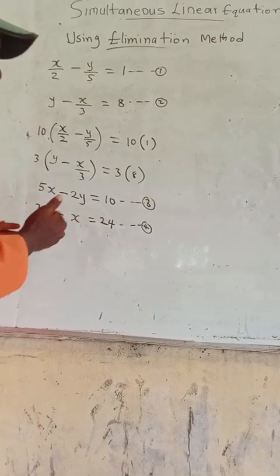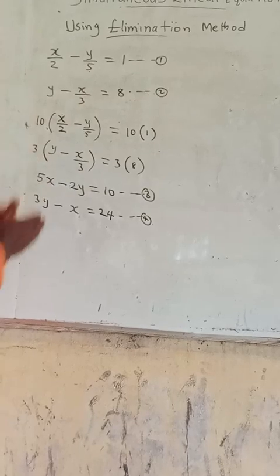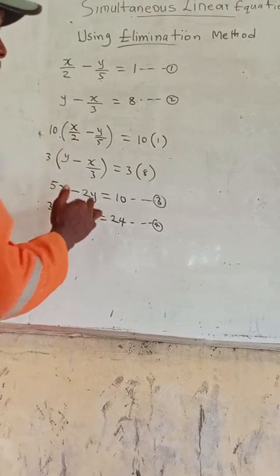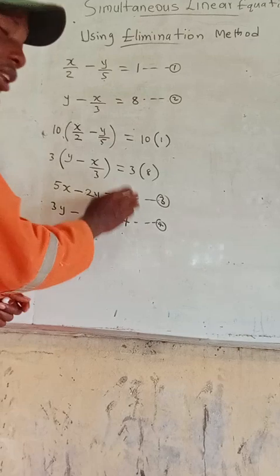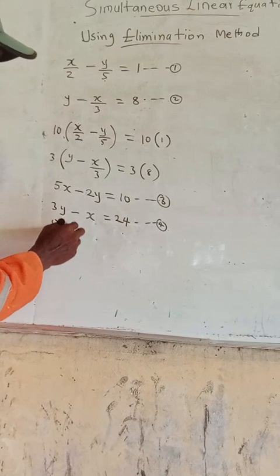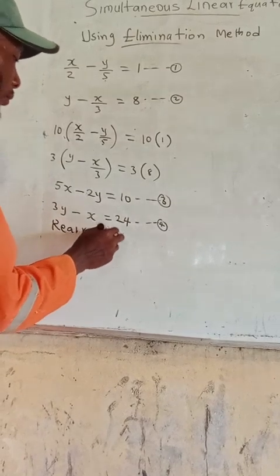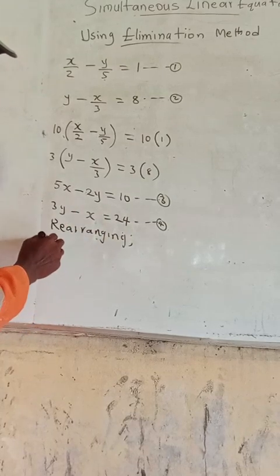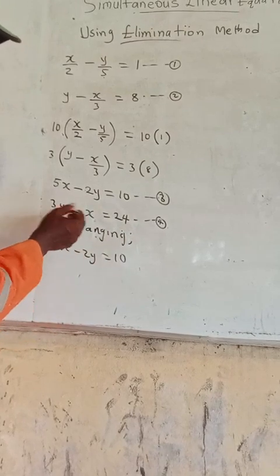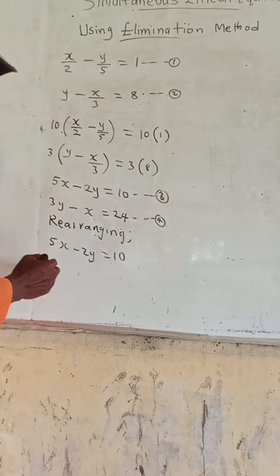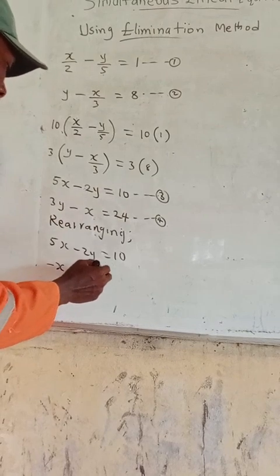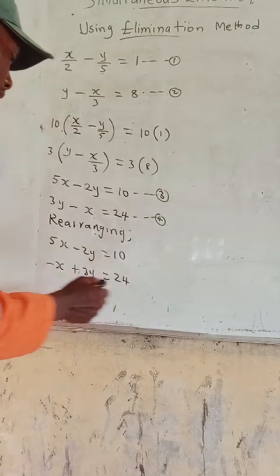We are supposed to rearrange this so that x is in the first column, then y in the other column, and after the equal sign is the constant. So rearranging, we still have 5x minus 2y is equal to 10. And we bring minus x to this side so it corresponds to 5x, and then plus 3y is equal to 24. Are you getting it?